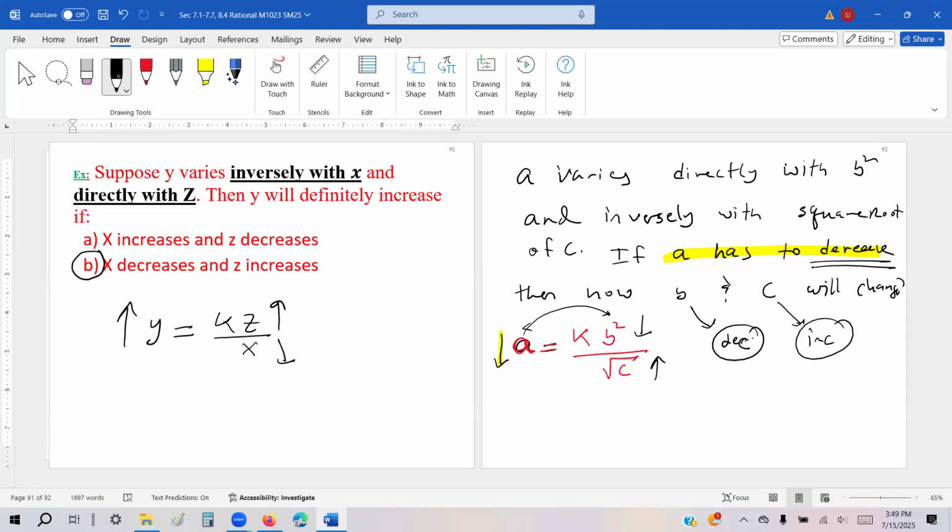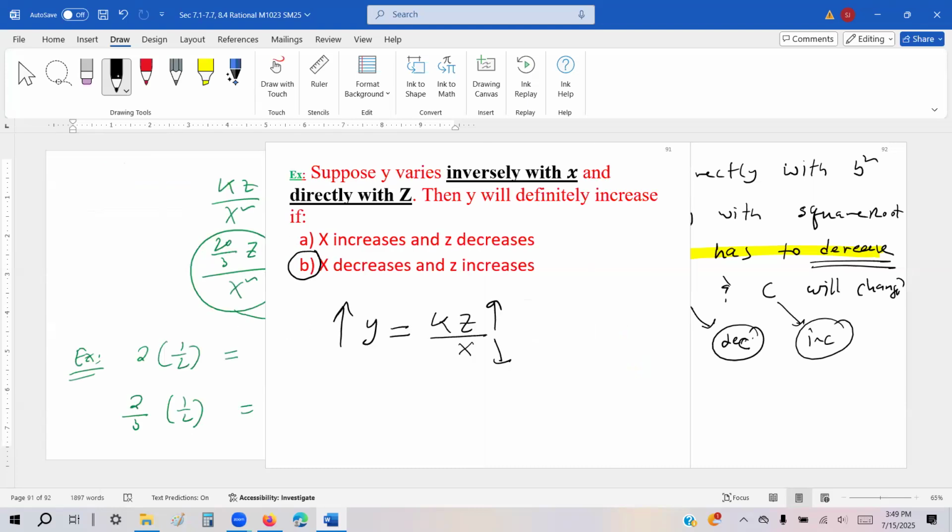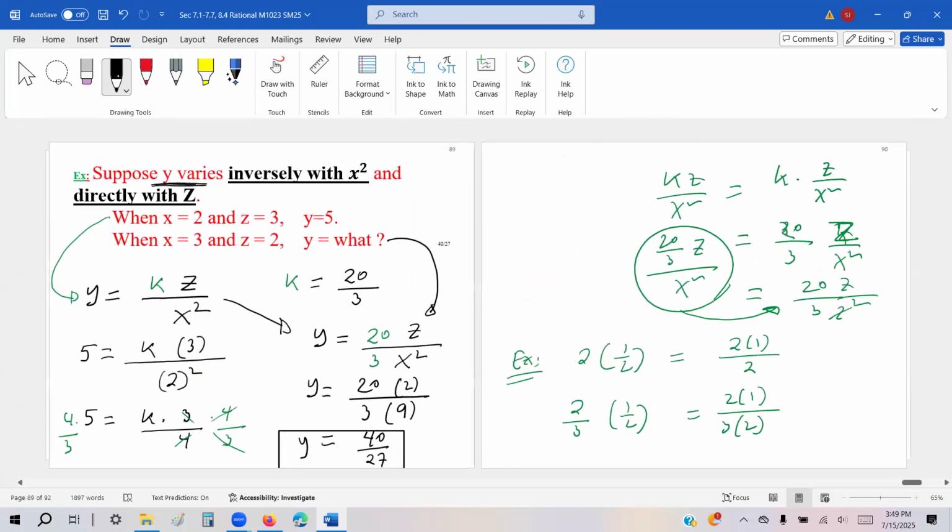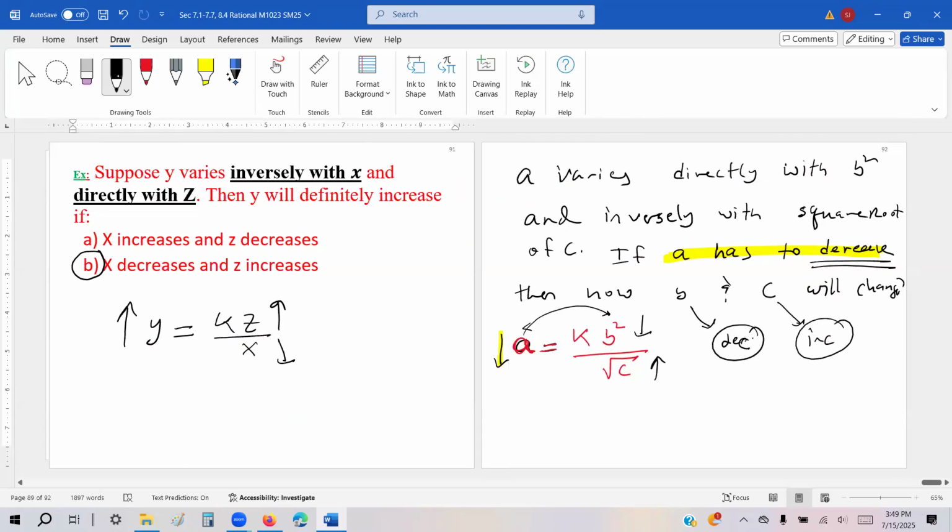So in the exam, I'm going to ask, I don't know how many, but in the final exam, you have three choices. Either a single variation, like one increase or one direct, or a joint variation with math like this, or a logic question like this. Okay?